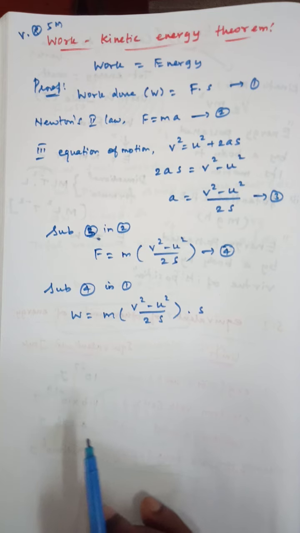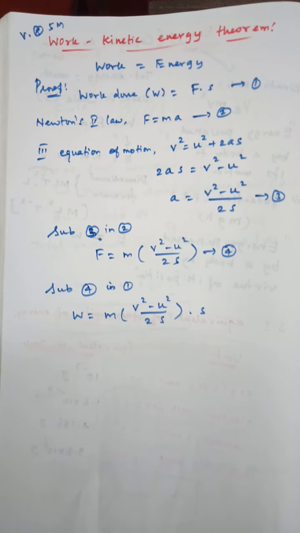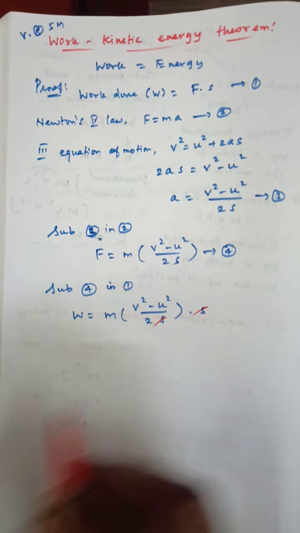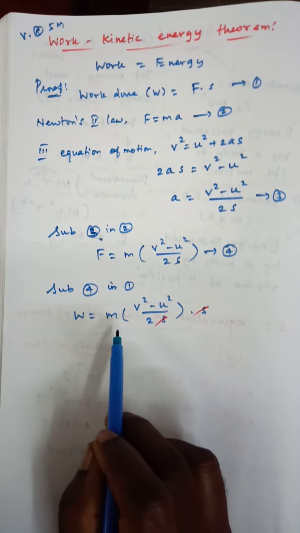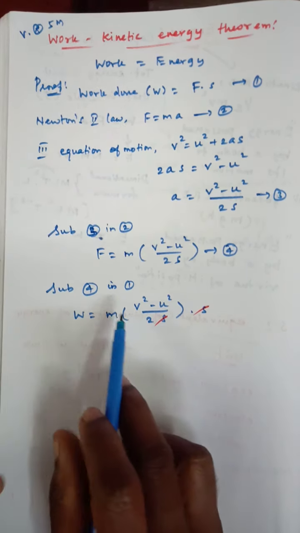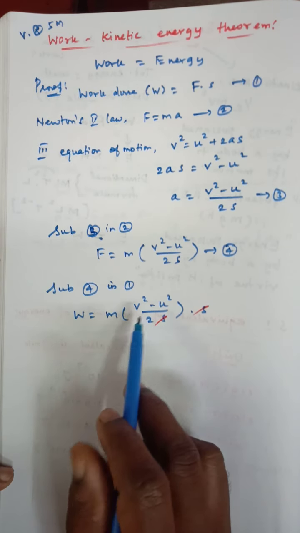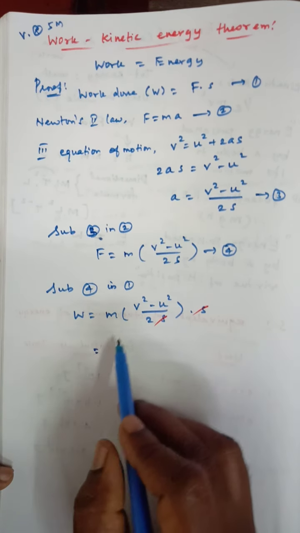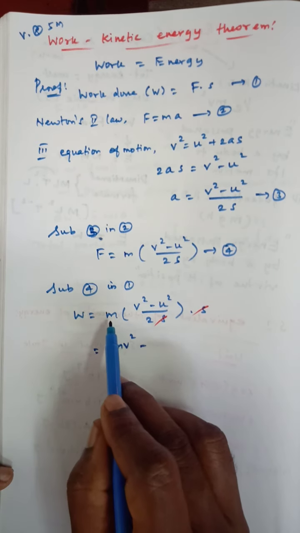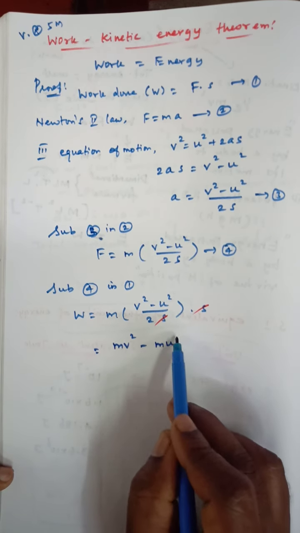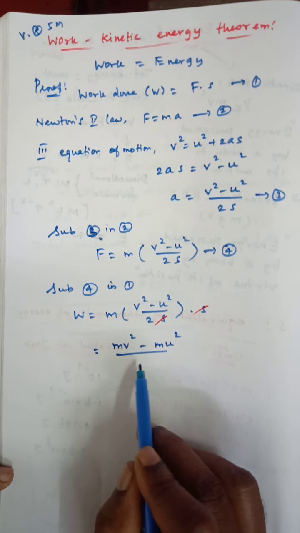Here the S cancels out, and then we have the remaining terms only. M multiplies the bracket, so we get M V square minus M U square, all by 2.